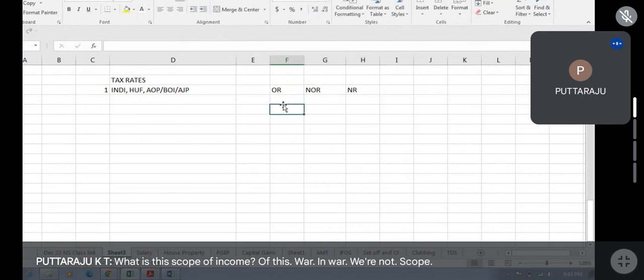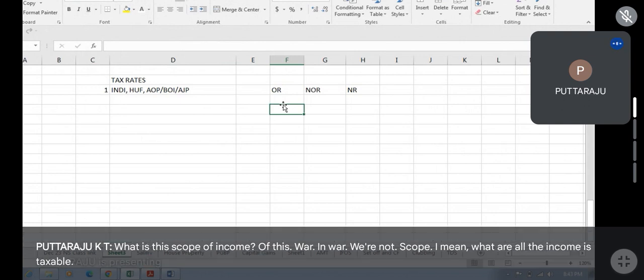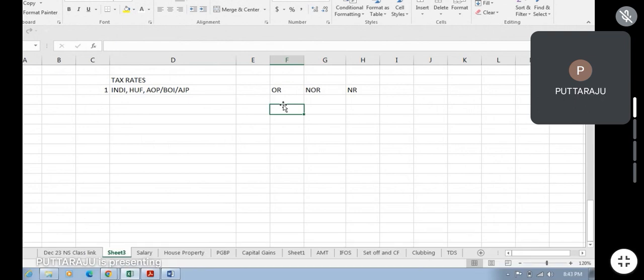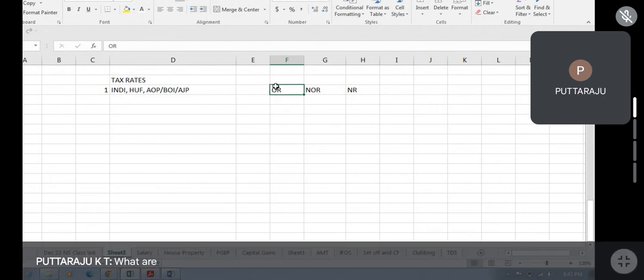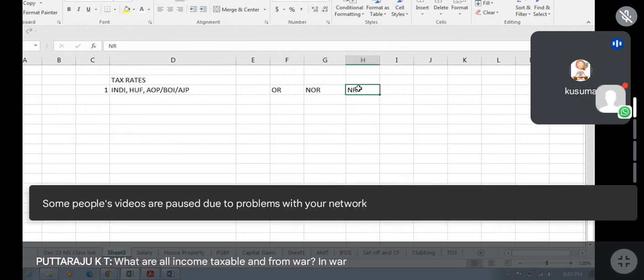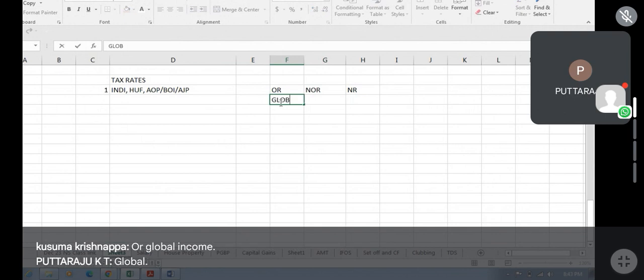What are all the incomes that are taxable for each? For a resident, it is global income.